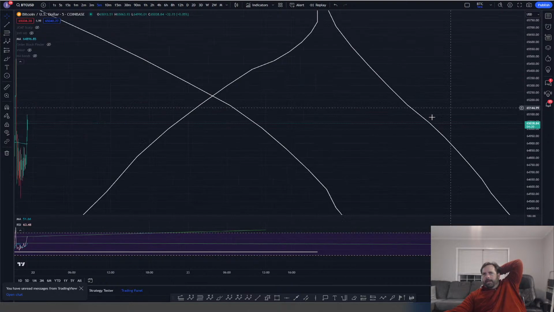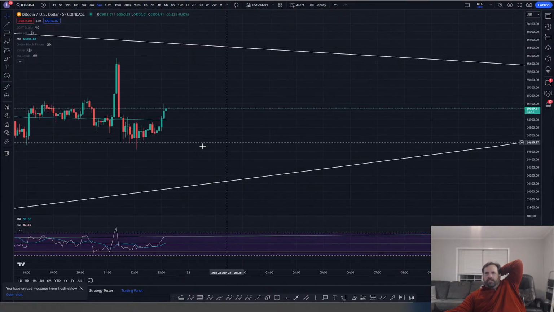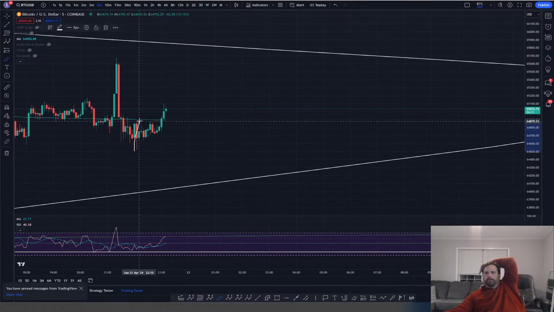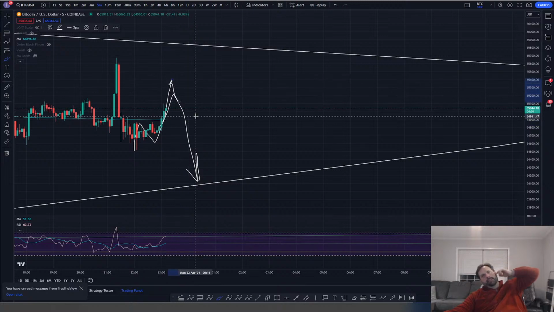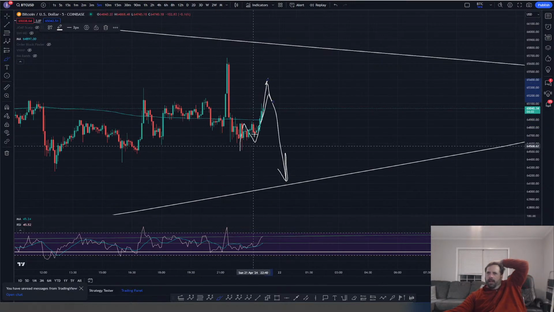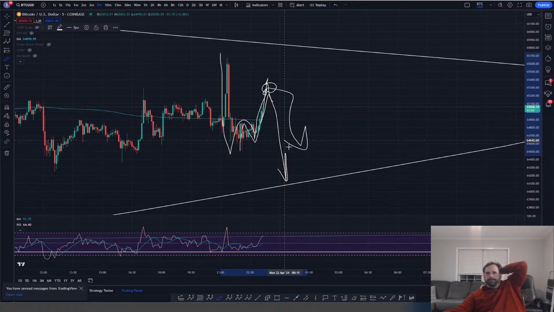I don't like the speed at which it's going up. Right now we got a 3-wave shape. As long as this stays 3 waves, boom, boom, boom, let's go down, okay? But the fact that this is going up kind of quickly, let's see what happens here. But this could be a 1 wave, 2, and then we go down.